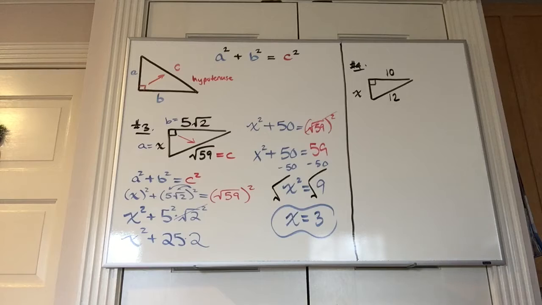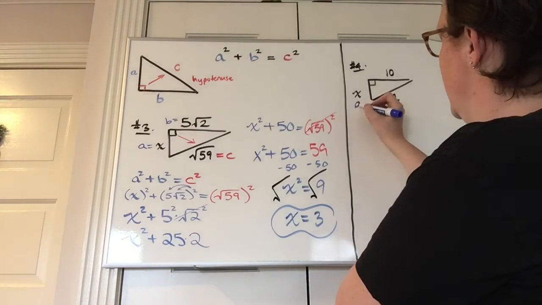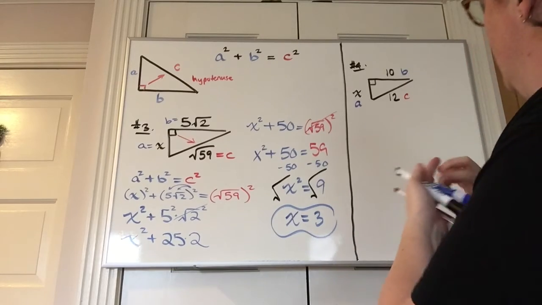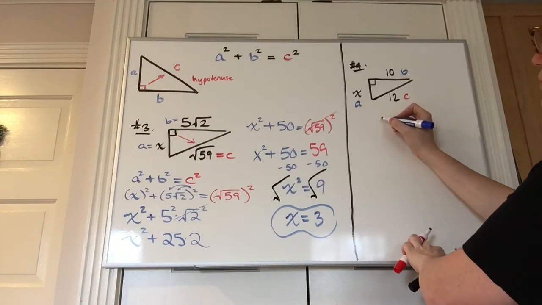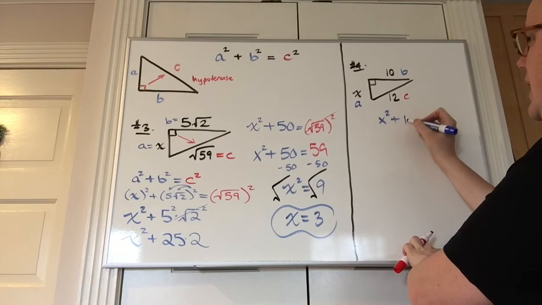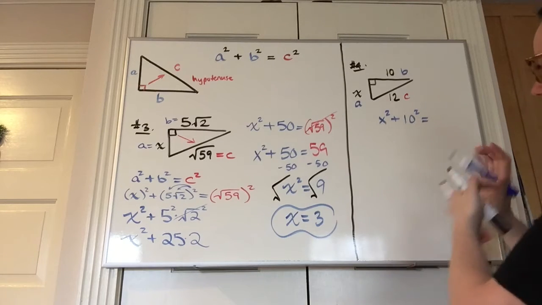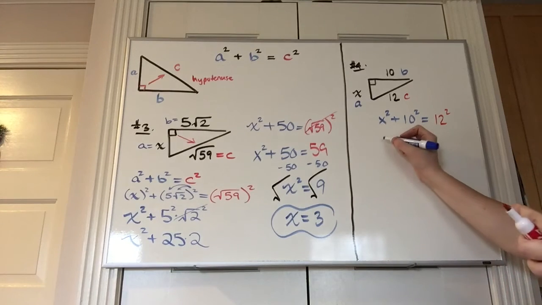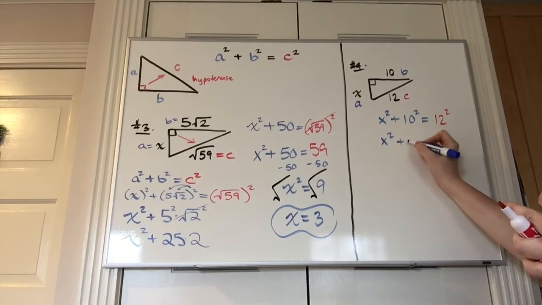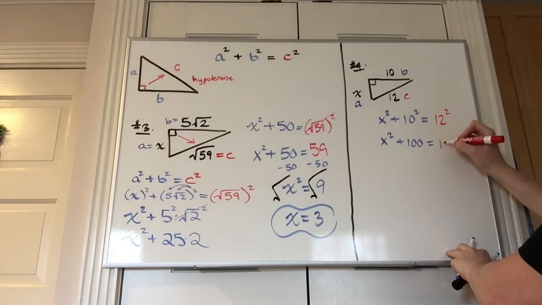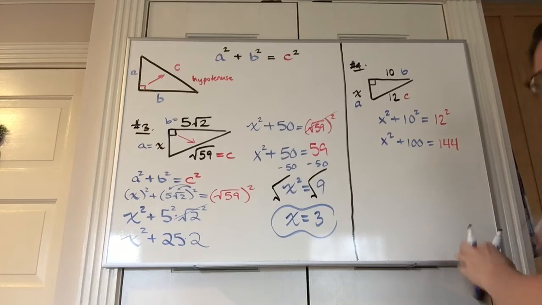So when I go to do my Pythagorean theorem, I can call this side a, this side b, this side c. If I do a squared plus b squared equals c squared, that's going to turn into x squared plus 10 squared is equal to 12 squared. Okay, so 10 squared is 100. 12 squared is 144.